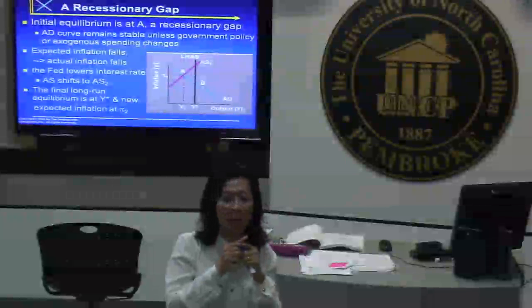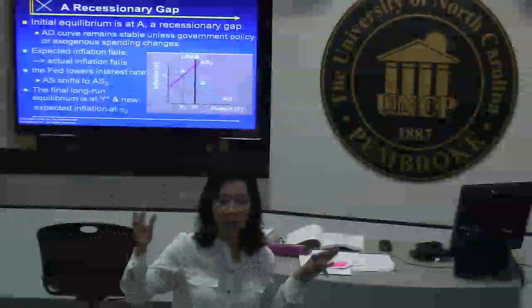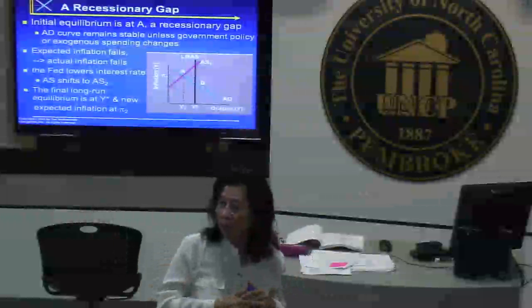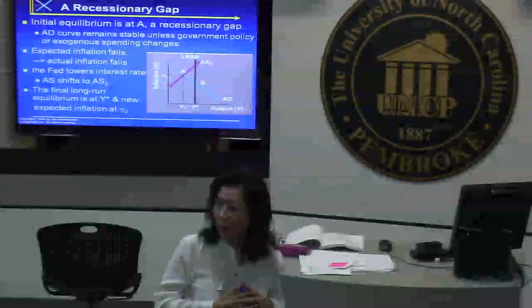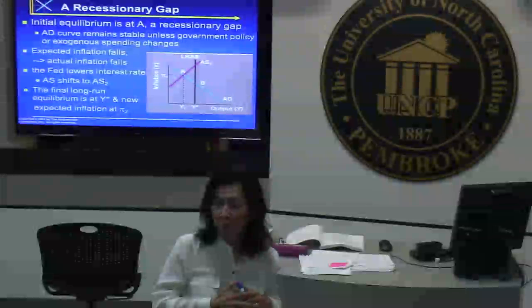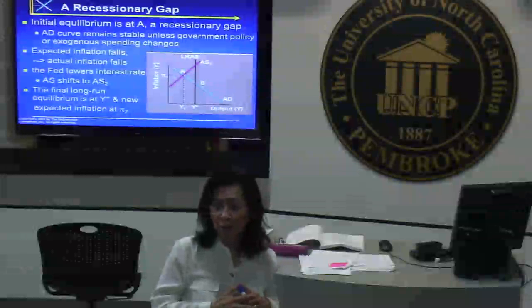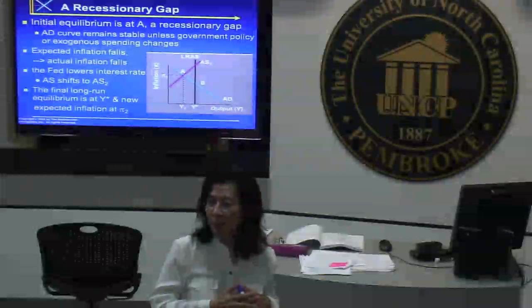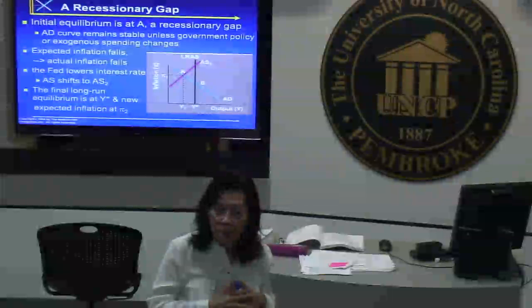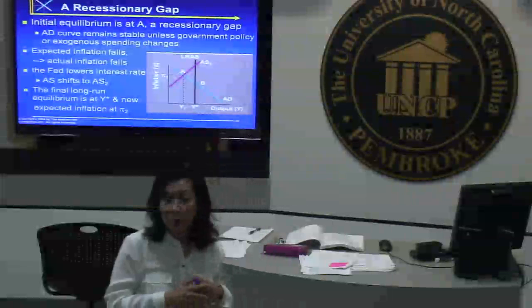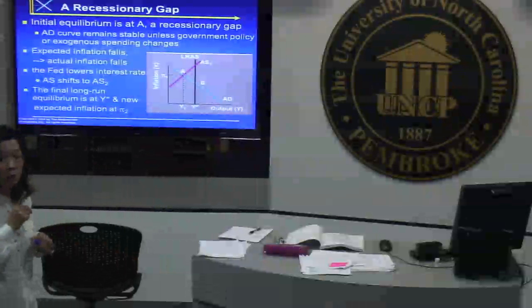Initial equilibrium. I'm looking for something more specific. Yes, initial, because that's our starting point, but what kind of equilibrium? Short run. Short run, not long run, because there are only two lines intersecting.